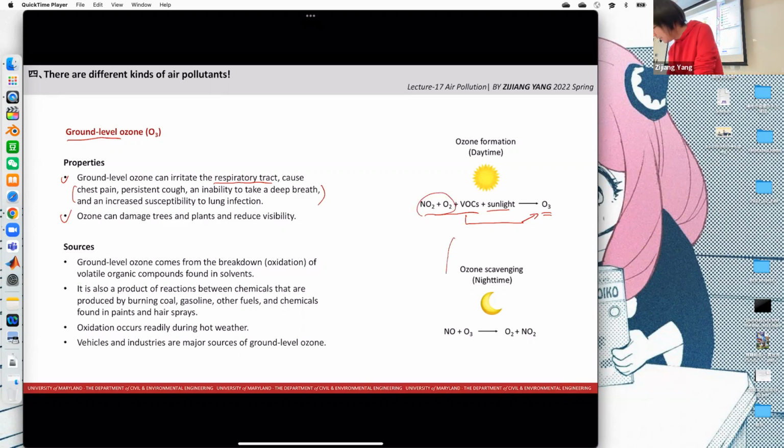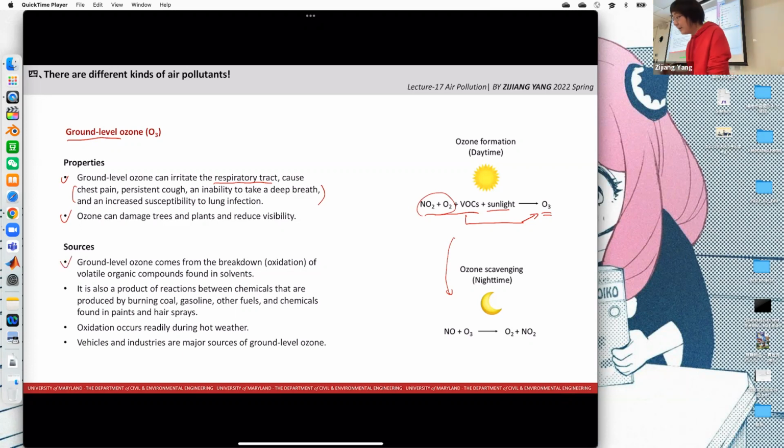But in the nighttime, there will be some reactions so the ozone will be consumed. So in general, we would expect a greater ozone contamination in the daytime.